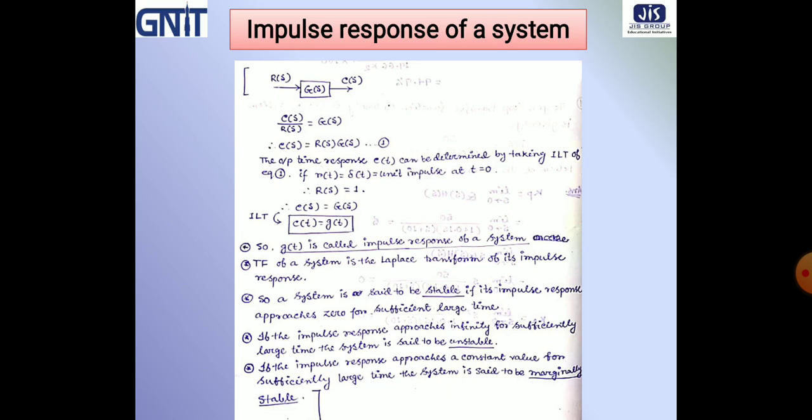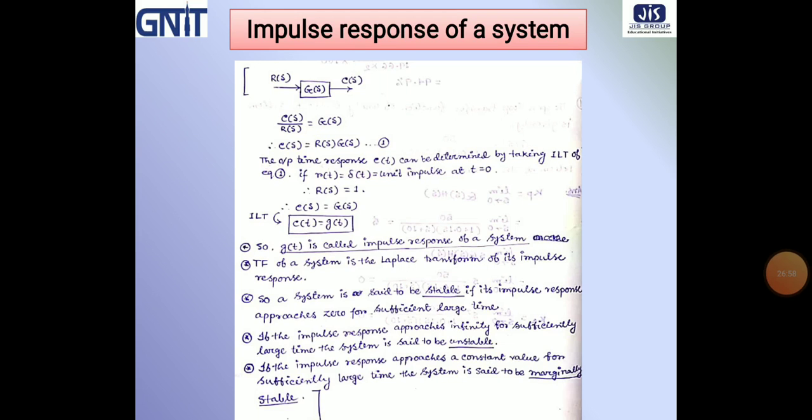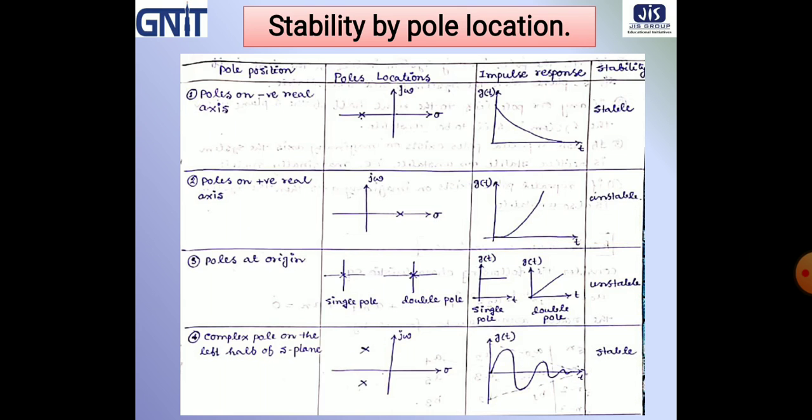And if the impulse response approaches a constant value for a sufficiently large time, the system is said to be marginally stable. Now what is stable, unstable and marginally stable? To understand this better, just look at these figures.